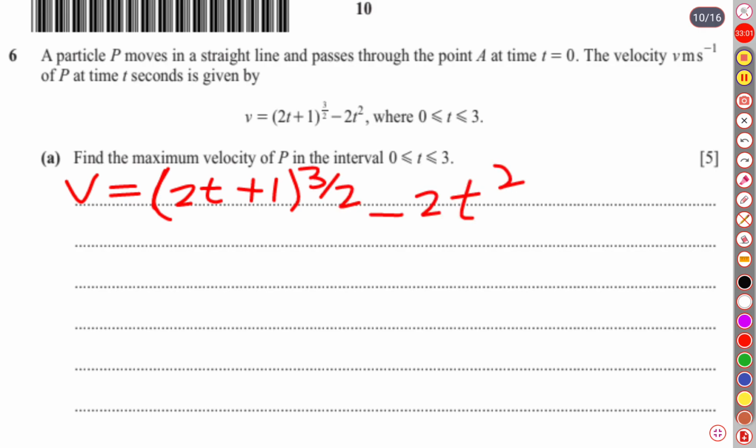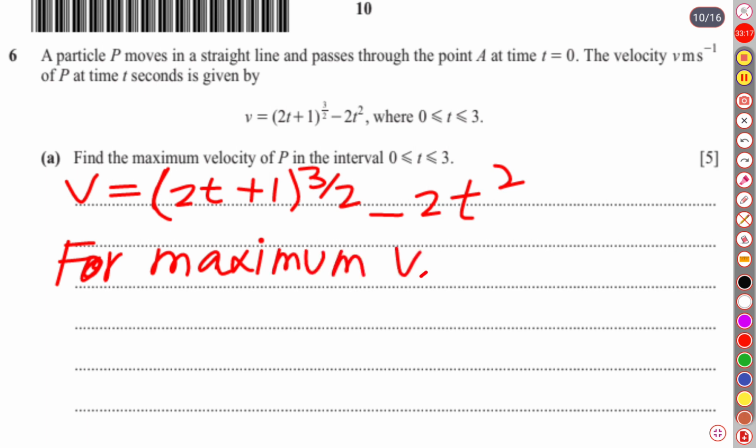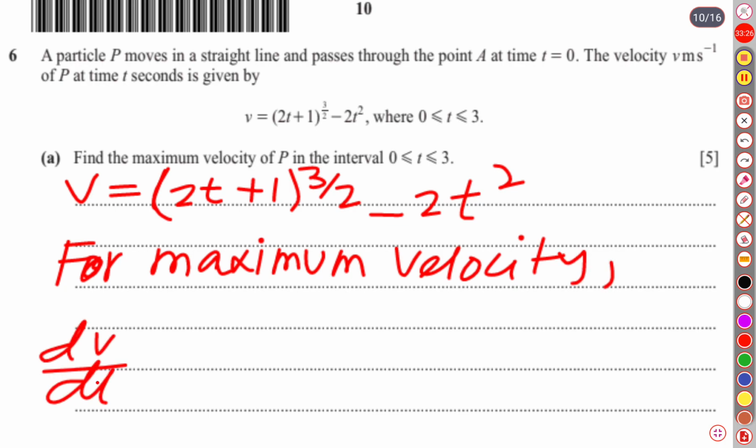For maximum velocity, we know that the derivative is 0, so dv over dt is going to be 0.